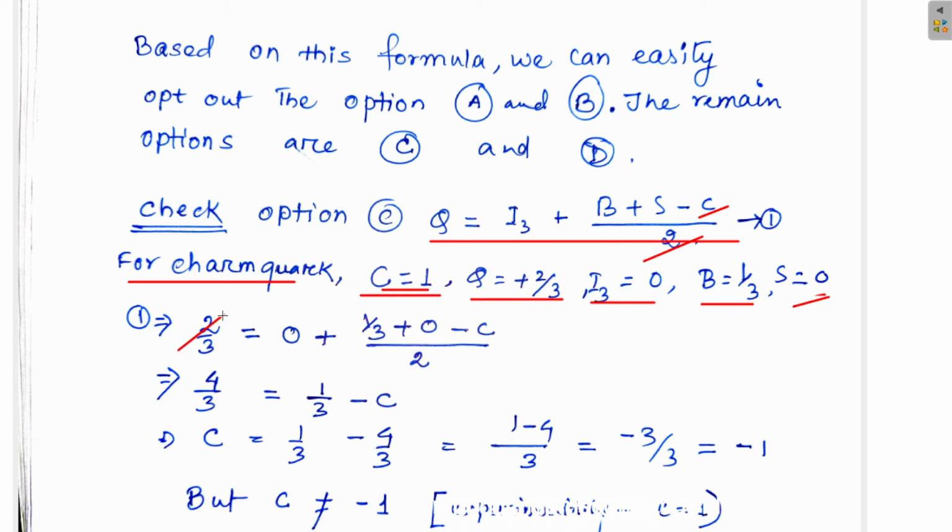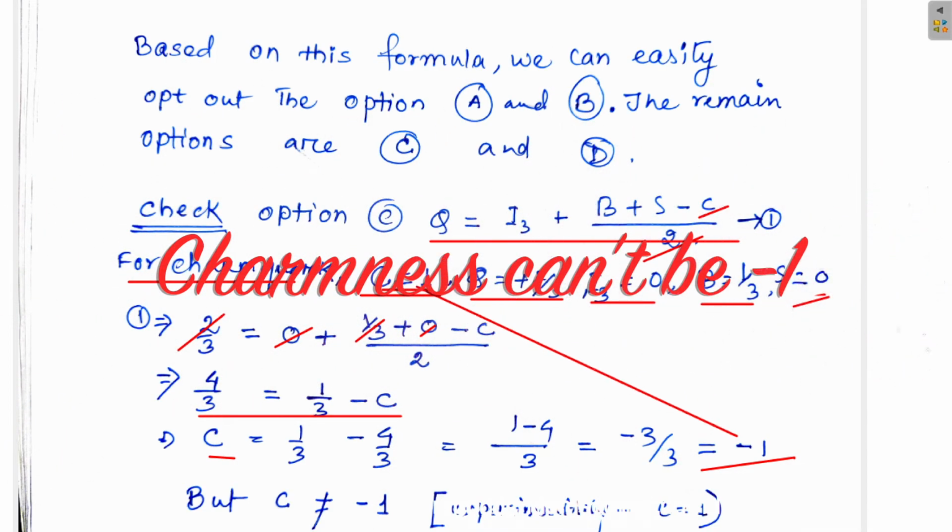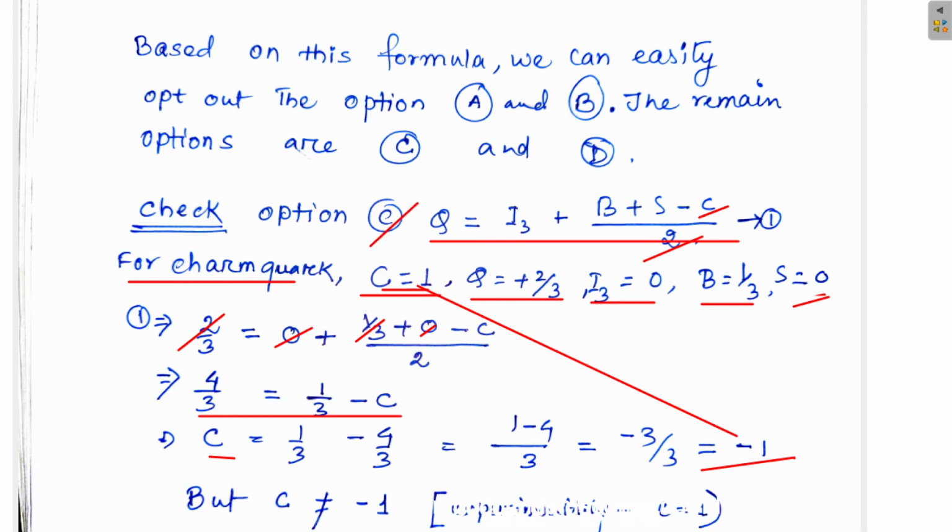This is the value of Q, this is the value of I3 of the charm quark, the baryon number is 1/3, the strangeness is 0, minus C. From this relation we can simplify like this, and if we further simplify, the value of C can be calculated as -1. You see, this cannot be correct because the value of the charmness is positive 1. So option C cannot be the correct answer because it is giving us -1 for the charmness.